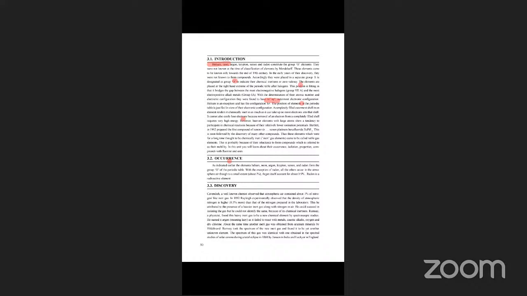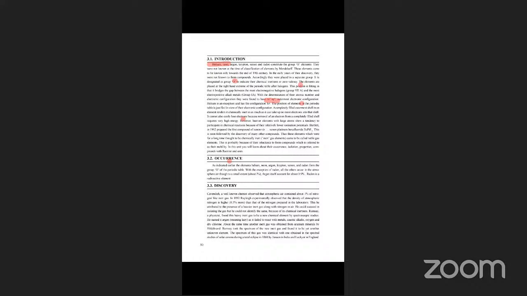Discovery. Cavendish, a well-known chemist, observed that atmospheric air contained about 1% of a gas like nitrogen that was inert. In 1892, Rayleigh experimentally observed that the density of atmospheric nitrogen is higher, by 0.5%. This is attributed to the presence of a heavier inert gas element along with nitrogen in the air.